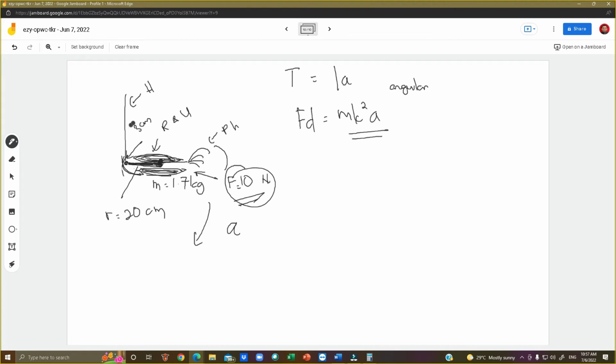So dia ialah 0.03 meter. Okay, 0.03 meter. Produce 10 Newton of force, 10 Newton of tension, given a 90-degree angle at the elbow and the forearm and hand radius of gyration of 20 centimeter. Okay, radius of gyration is 20 centimeter.